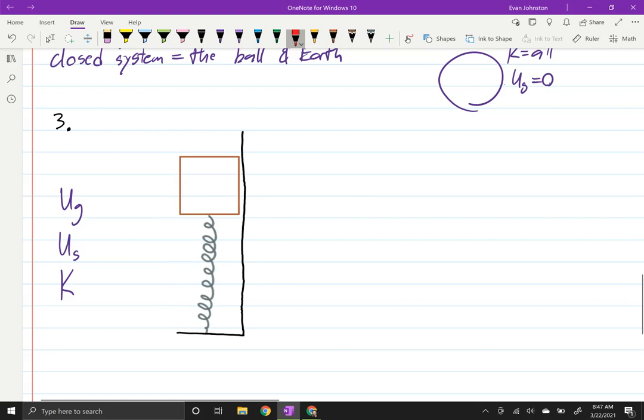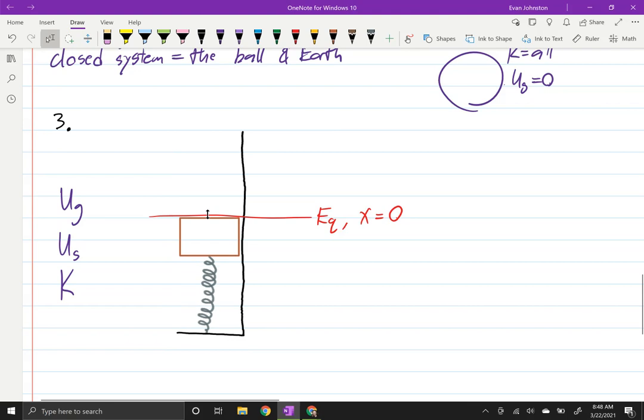We're looking at this and we go, okay, here is our equilibrium point. Here's where x equals 0. This would mean that there's no spring energy here. But then let's say you take your hand and you push down on the box. You're going to smush the box down, and the box shouldn't smush itself as well. It's just how the computer works. But now you're going, okay, what the heck's going on here? Well, it went from up above to down here, right?